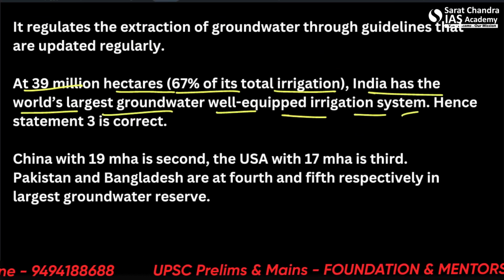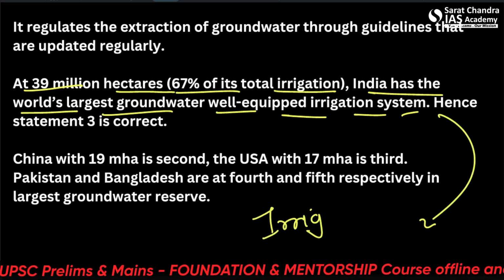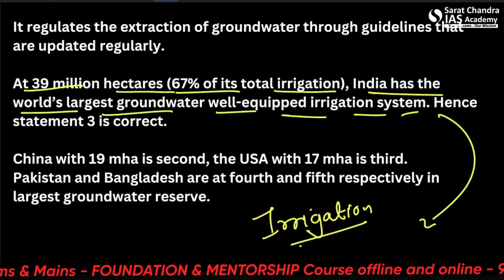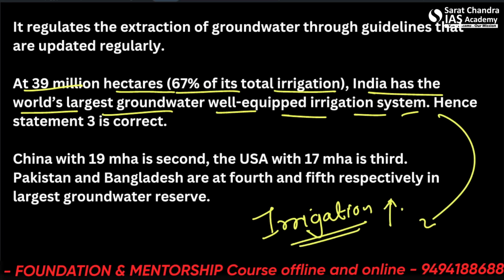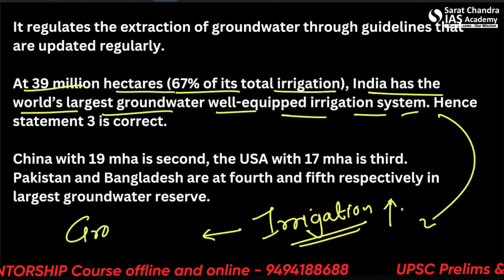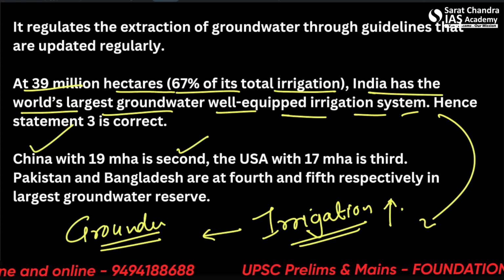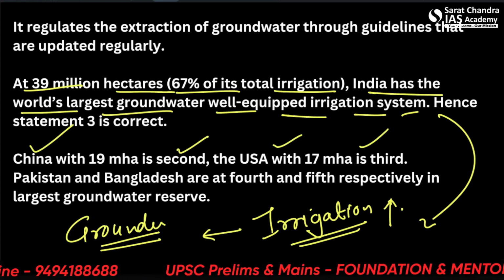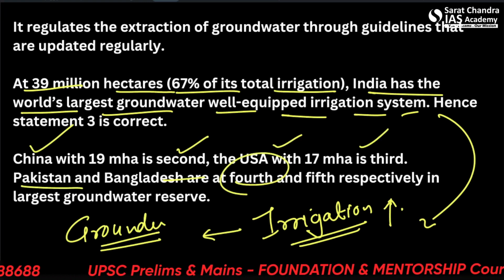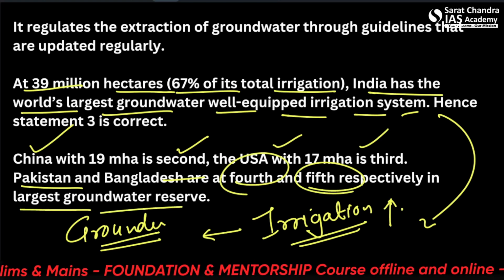So there's a lot of irrigation taking place in India, and a lot of it is groundwater irrigation. And China is second. The USA is third. Pakistan and Bangladesh are at 4th and 5th respectively in the largest groundwater reserves and irrigation.